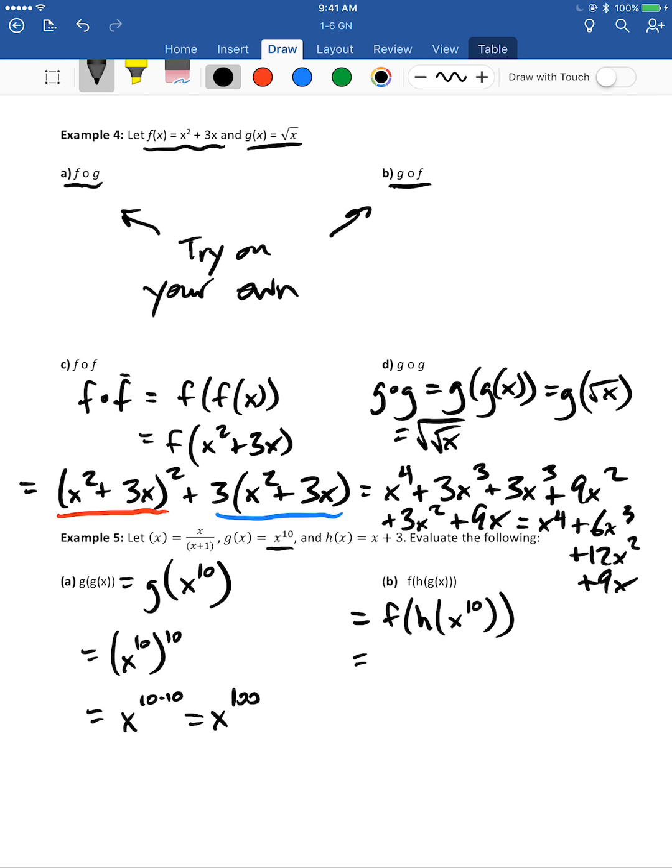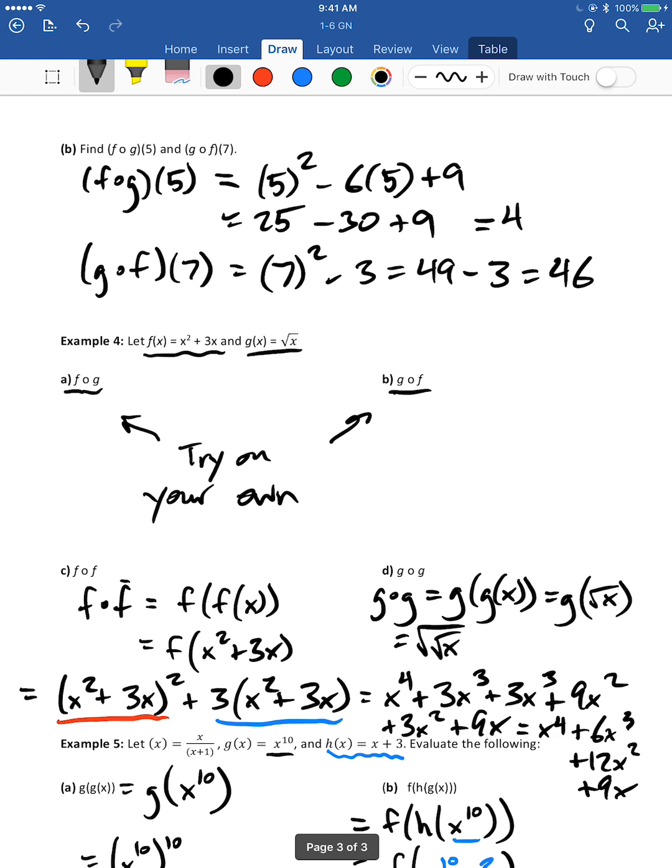So we have f of h of x to the 10th. Now we need to evaluate h for x to the 10th. So h of x is x plus 3. When I evaluate, I'm thinking substitution. So everywhere I see an x in my h of x, I'm instead plugging in x to the 10th. And I have x to the 10th plus 3.